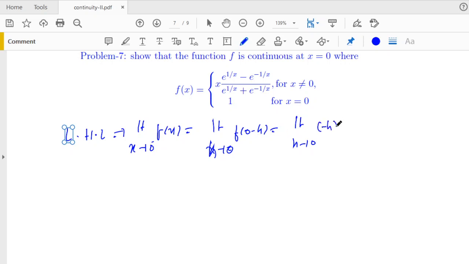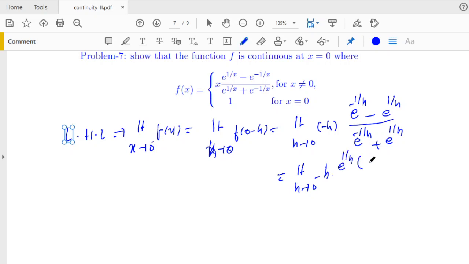Therefore, limit h goes to 0, minus h into e power minus 1 by h minus e power 1 by h, all divided by e power minus 1 by h plus e power 1 by h. Therefore, this value equal to limit h goes to 0 minus h into, take e power 1 by h common, e power 1 by h into e power minus 2 by h minus 1, all divided by e power 1 by h into e power minus 2 by h plus 1.